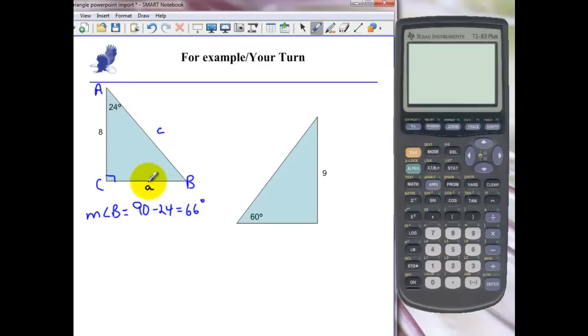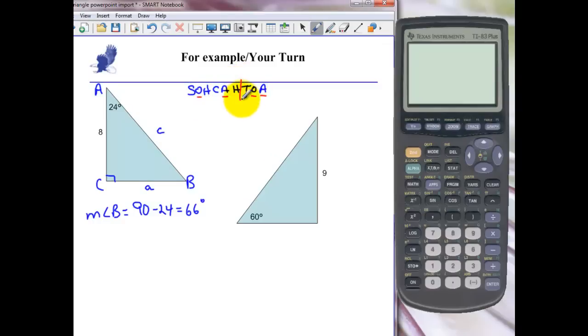To find side A, we can pick one of the angles, so let's pick the given angle. A is opposite of 24, the known angle, and the only other number we know is the adjacent side. So if we look at SOHCAHTOA, we know the adjacent to the angle we're looking for, and we're trying to find, in this case, A, the opposite.